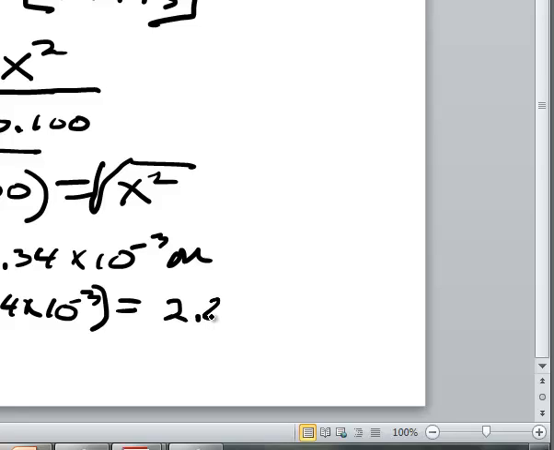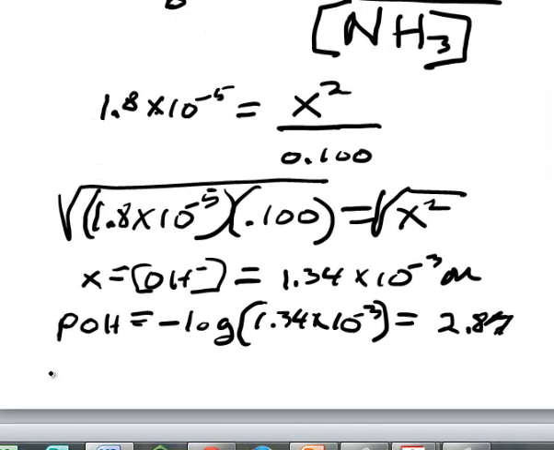I'll tell you this: if you stop right here on a multiple choice test, you're going to find that answer, but you have not gone far enough to get the correct answer. If you'll remember, pKw, the negative log of the Kw for water at 25 degrees, is equal to 14. It's equal to the pH plus the pOH.